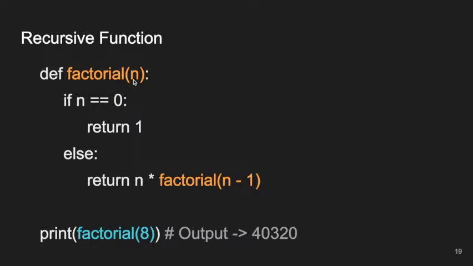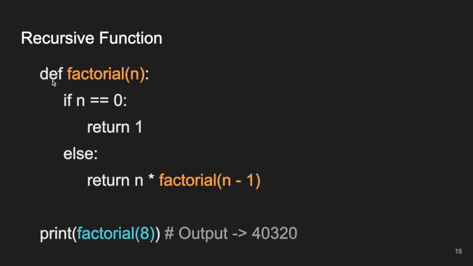The name of your factorial function is factorial, and you need just one number, n. Inside this definition somewhere, you see that we also have a place where we have factorial and we are passing a number. So this function is first declared here, and because it calls itself, we call it a recursive function.